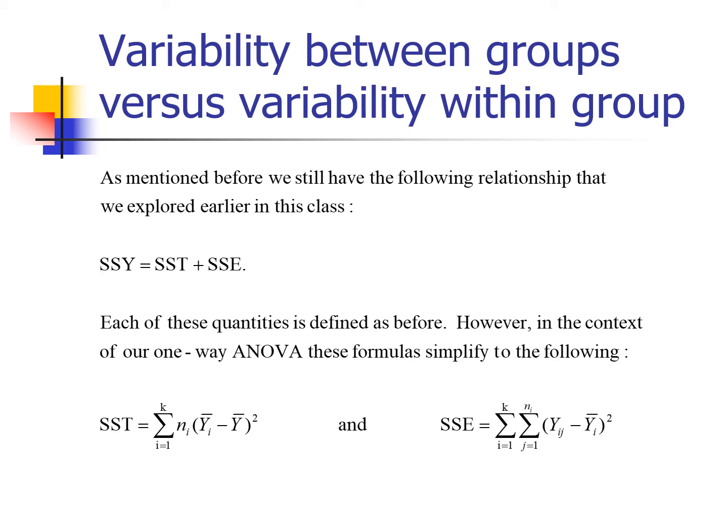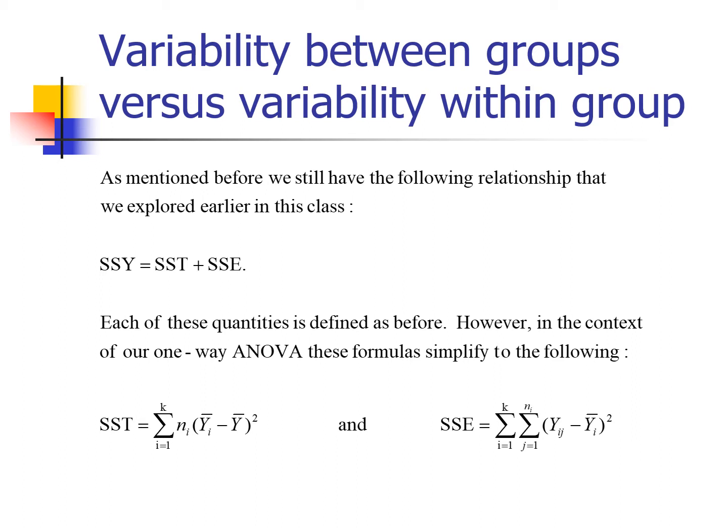In terms of comparing the variability between groups relative to variability within groups, it could be shown mathematically that SST could be written as the sum of N sub I times (y bar sub I, the sample mean for group I, minus y bar, the overall sample mean) squared.